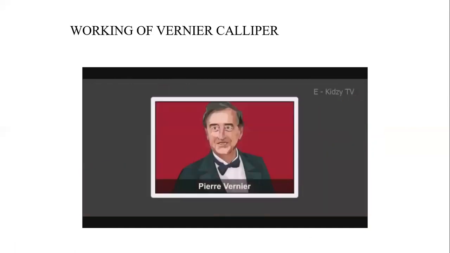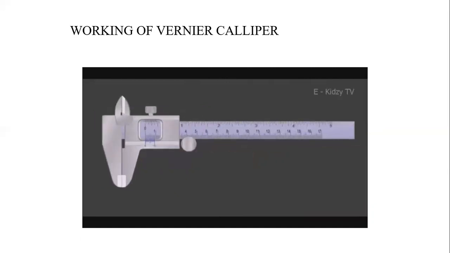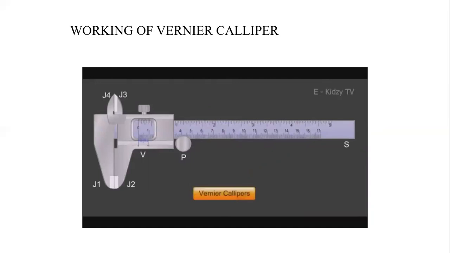In the year 1630, French mathematician Pierre Vernier invented a measuring tool to get additional accuracy in the measurement compared to a simple ruler. After his name, it is named the vernier calipers.